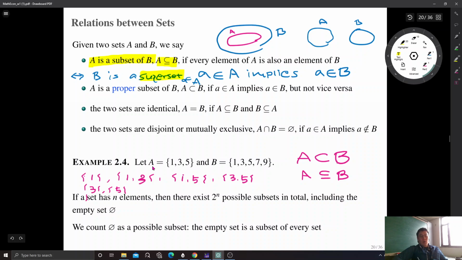Okay, so 1, 2, 3, 4, 5, 6, and what else? {3, 5}, {1, 5}, and {1, 3, 5}, the entire set.